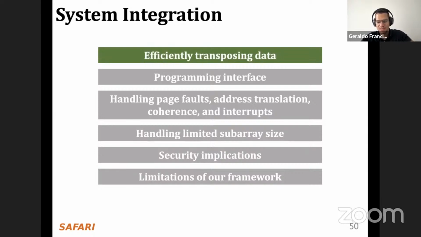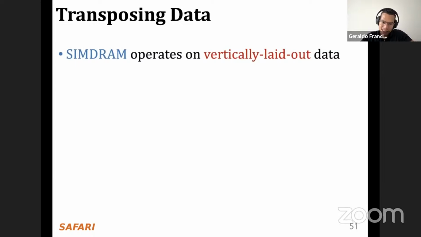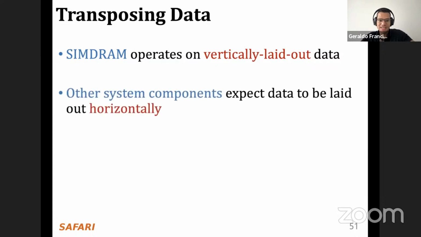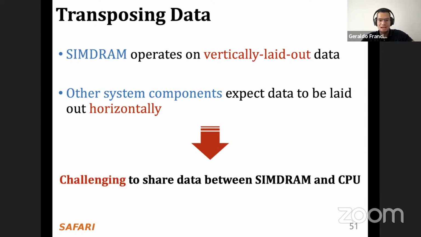can efficiently transpose data. As I said in the beginning of this talk, SynDRAM operates on vertically laid out data. However, the other system components, the cache and the CPU, operate on data in the horizontal layout.